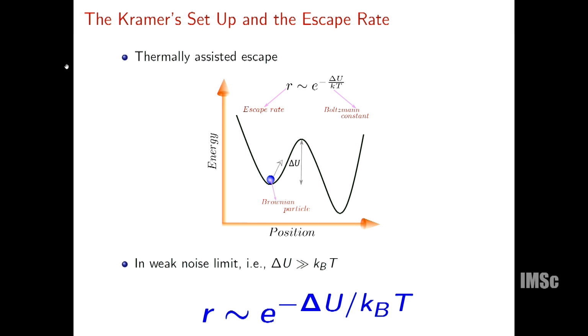So now, after knowing about the escape rate formula, let's discuss the dynamics of Brownian particle in this particular setup. So what happens is this Brownian particle gets random kicks from the particles in the medium, and the Brownian particle will keep moving to and fro around this local minima of the potential function, and once in a while it will experience a large enough kick so that it can cross a barrier of delta U and finally go to this more stable position.